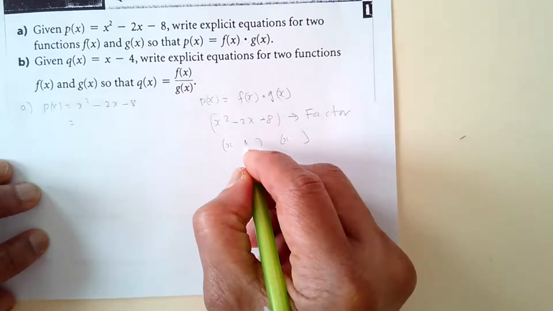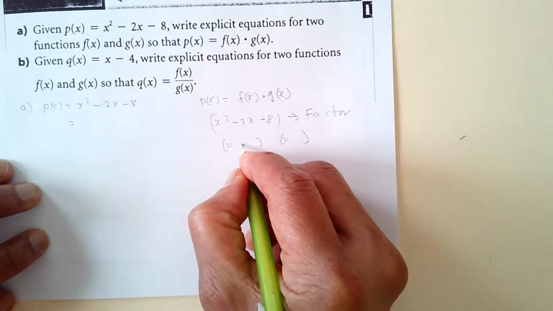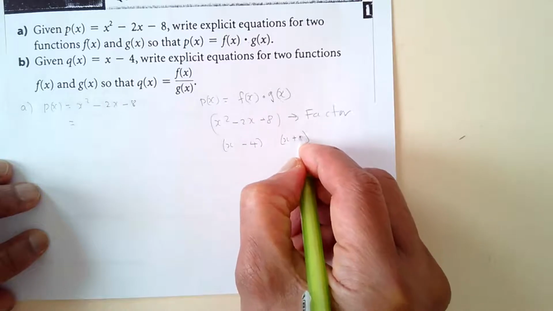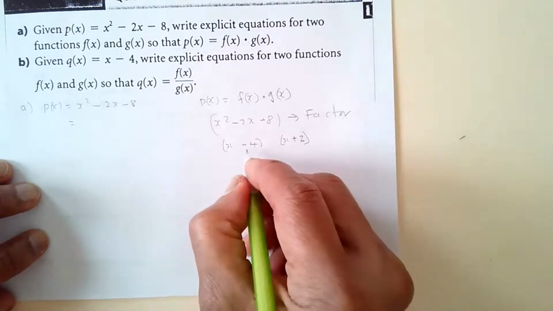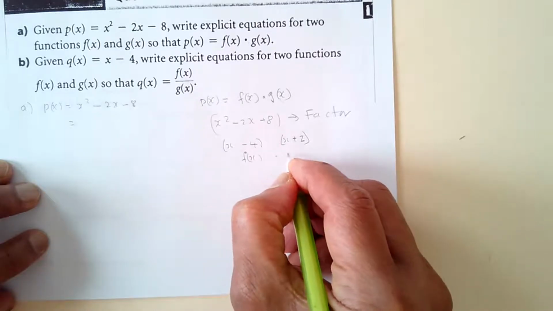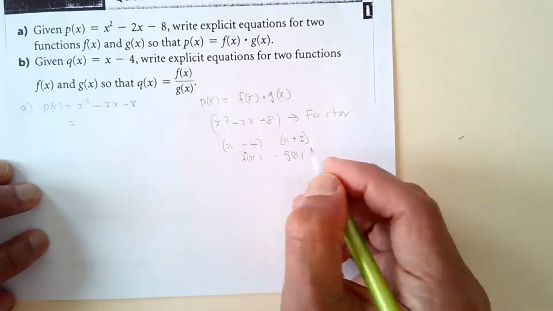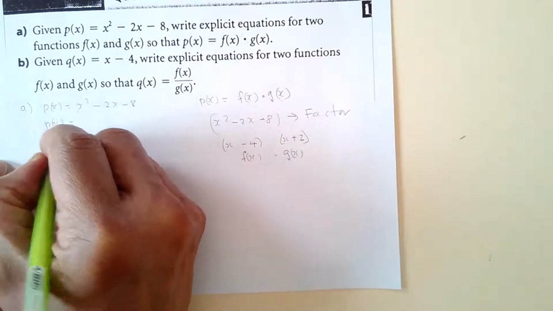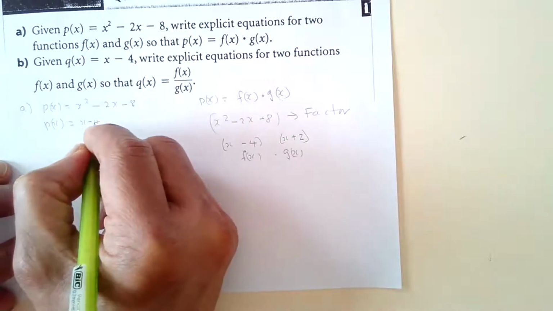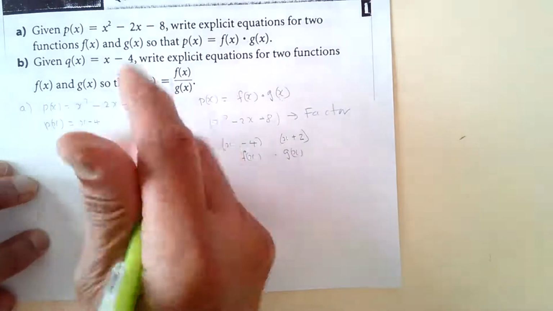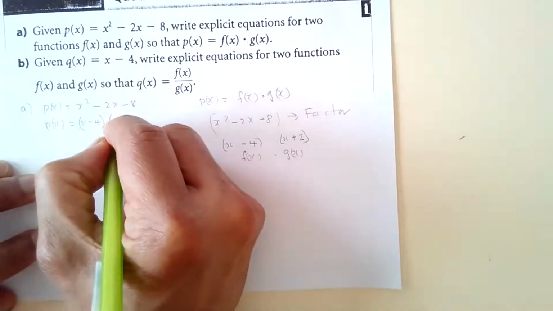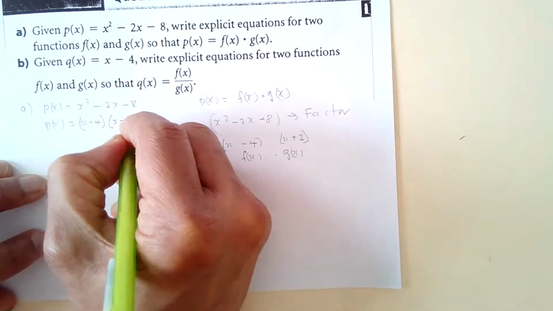So in this case, we have negative 4 and over here we have plus 2. So this could be our f of x, and this is our g of x. So p of x will be written as x minus 4 times x plus 2.